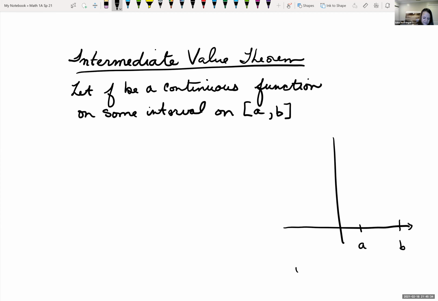If this is continuous, and looking at my graph, I can tell that this is continuous on this piece. Notice that this point here, when x is a, this is my f of a. And notice this value here, b. This is my f of b.